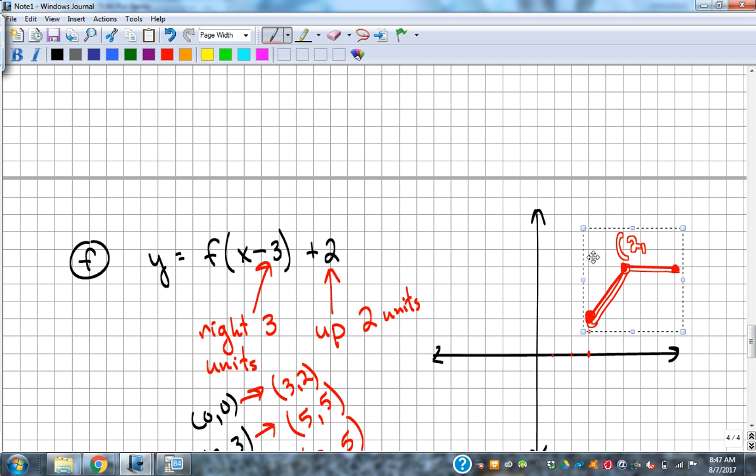And it lays right on top of it. That's what I'm doing. I'm taking this graph and picking it up from where it was originally and moving it over 3 and up 2 and getting it to land on the graph there. So it's taking that original graph and transforming it a little bit. That's what we're trying to do here.